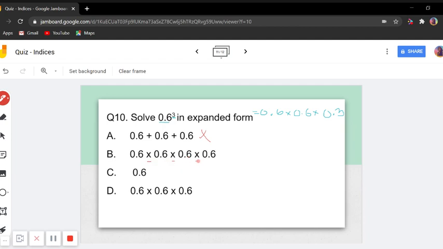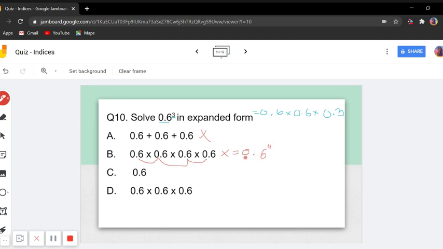This is in multiplication form, but it is incorrect because if you take a look here, 0.6 is multiplied by itself for 3 times, not 4 times. Okay, this is 4 times. If you solve this expanded form to index, let's count it 1, 2, 3, and 4. 1, 2, 3, and 4. It's supposed to be like this.